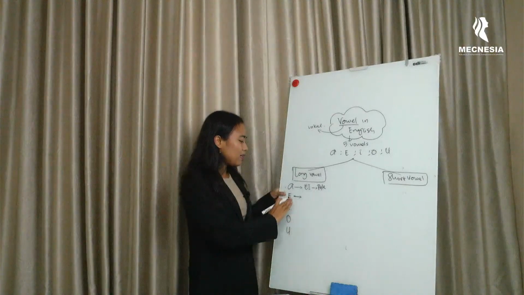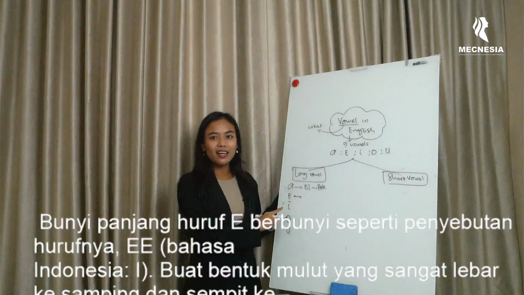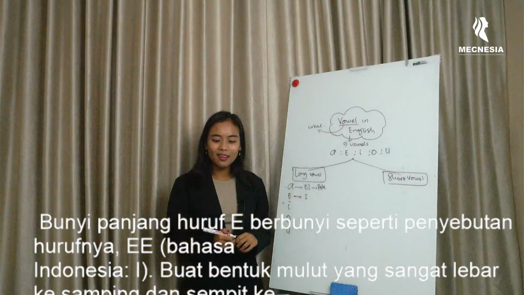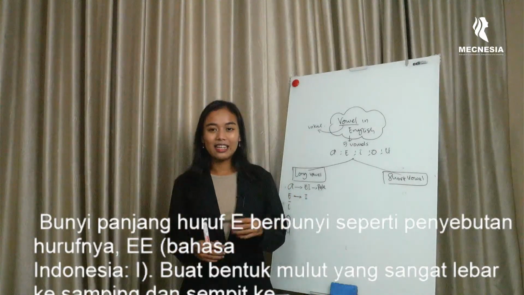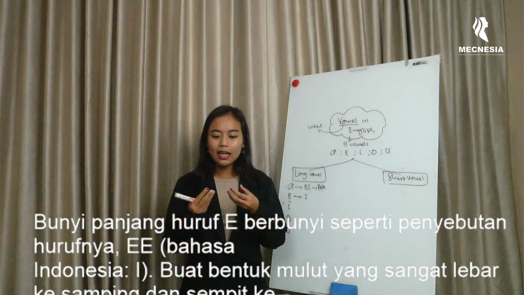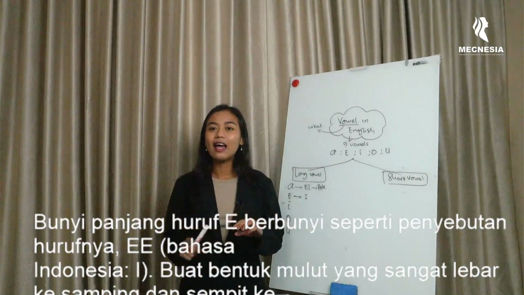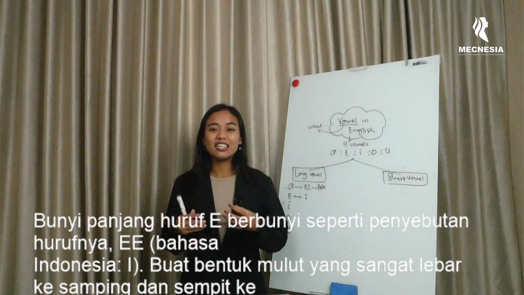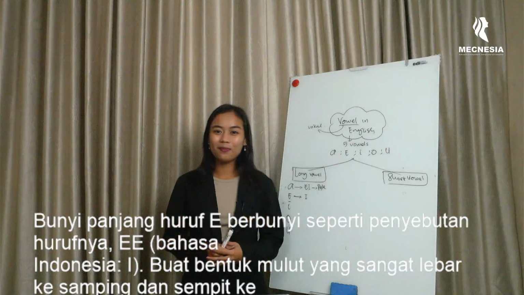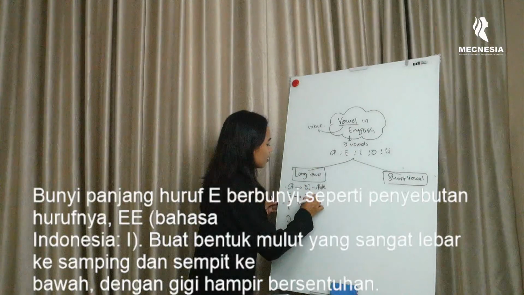Well, similar as how we pronounce it, sama dengan gimana kita baca hurufnya, dia juga sound-nya adalah I. I. Okay, the sound is, bunyinya dibuat dengan mulut yang sangat lebar ke samping dan sempit ke bawah, dengan gigi yang hampir bersentuhan. Hampir ya. I. I. Let's try it. I. Good.